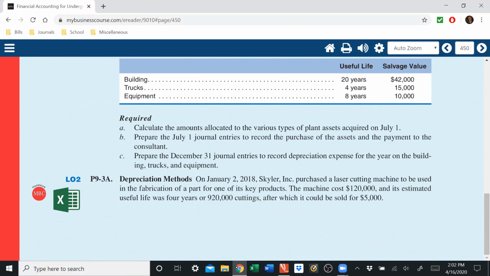The first 2 methods, straight line and DDB, calculate depreciation based on time, whereas units of production calculates depreciation based on use of the asset, not how old the asset is, just temporally how much time it's been around, but how much have we used it. So it can be a more accurate measure of the deterioration of an asset if you feel that an asset deteriorates based on use rather than time, which most assets do.